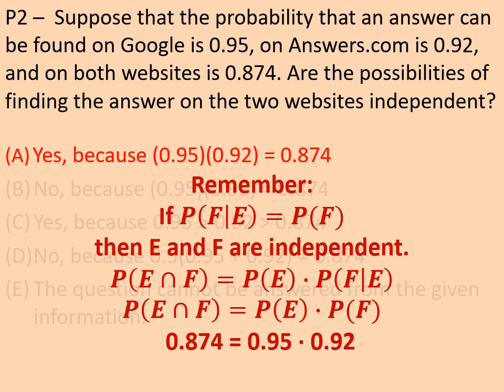However, when they're independent, I can replace the last part of that calculation, probability of F given E, with just probability of F. And since that's true, if you look at the numbers up above and multiply them together, that works. So this tells us that yes, they are independent.